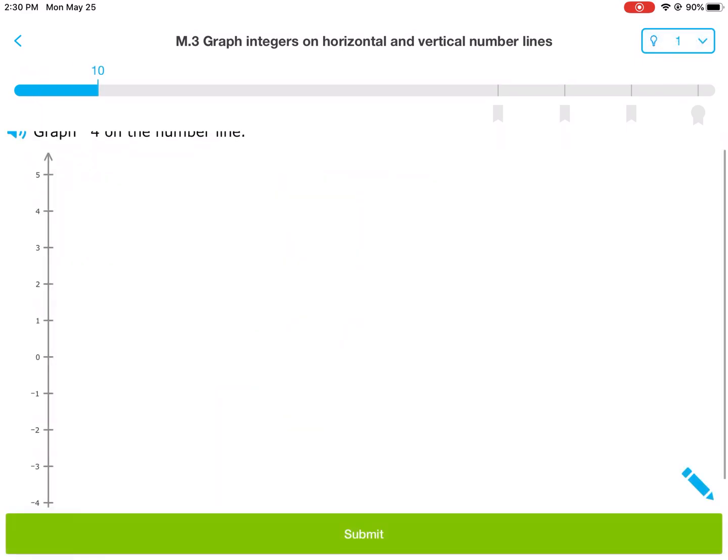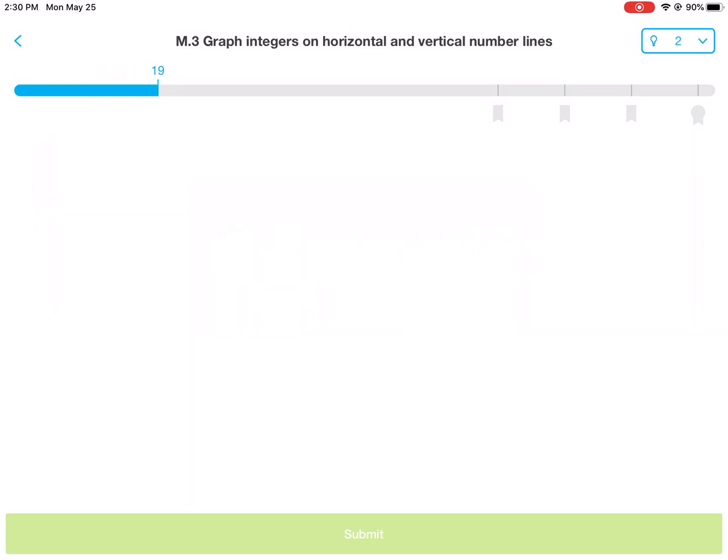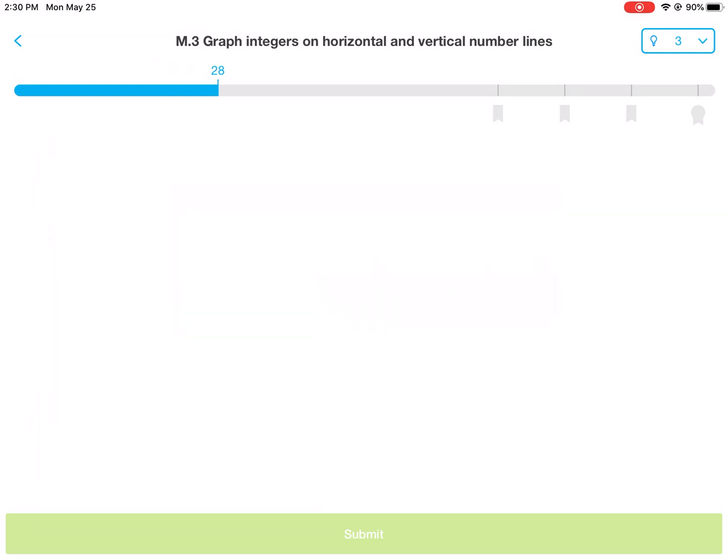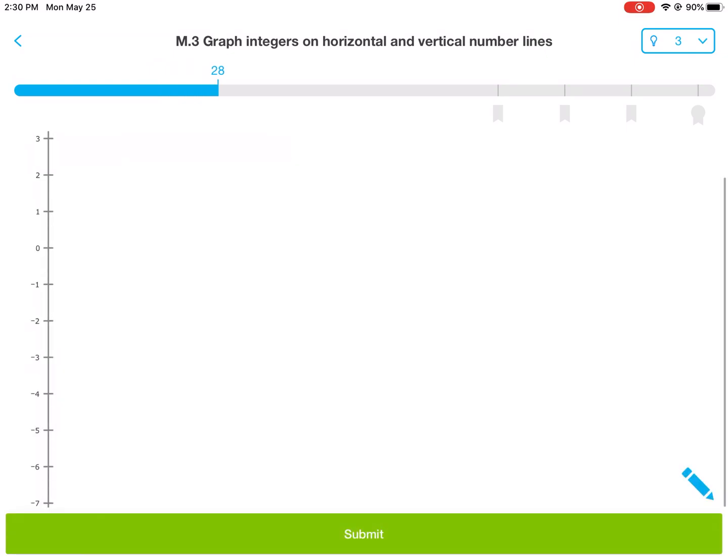All right, only difference here is now you have a vertical, so graph -4. That's going to be below 0. Graph 1 and -1. Okay, and we know that those are opposites, if you recall from yesterday, because they're the same distance from 0. 3 and -3.